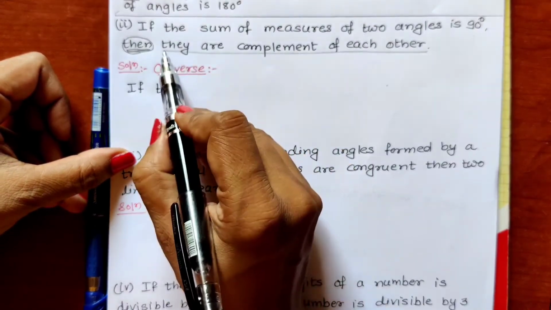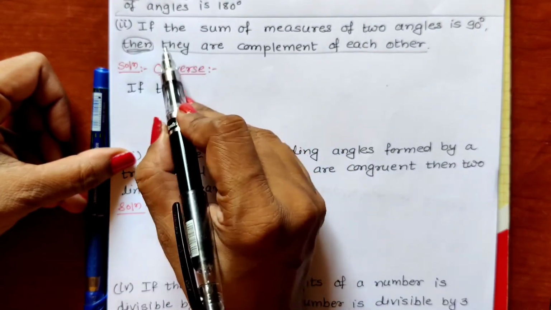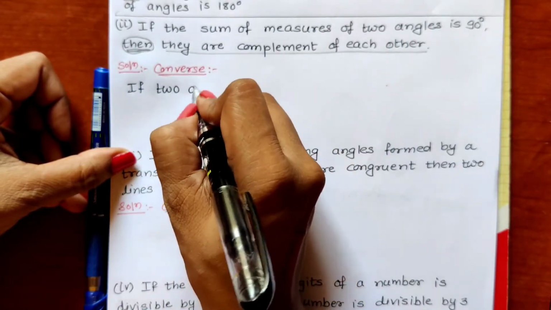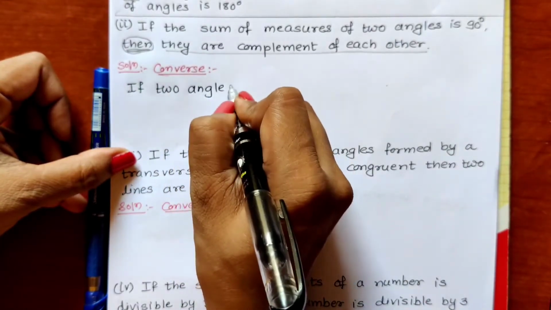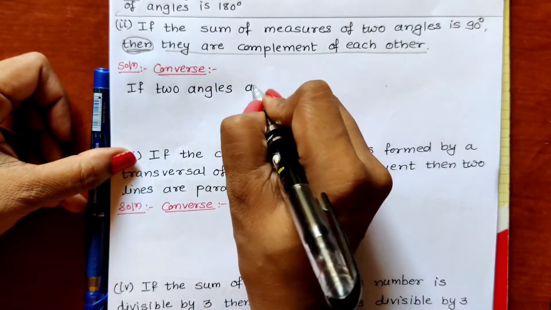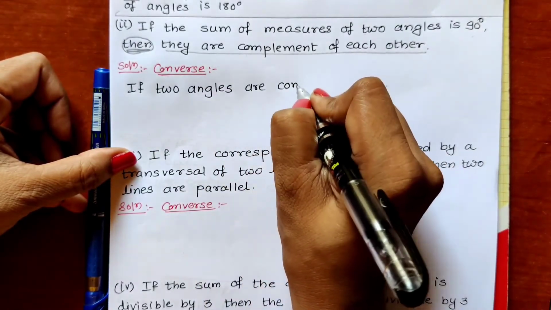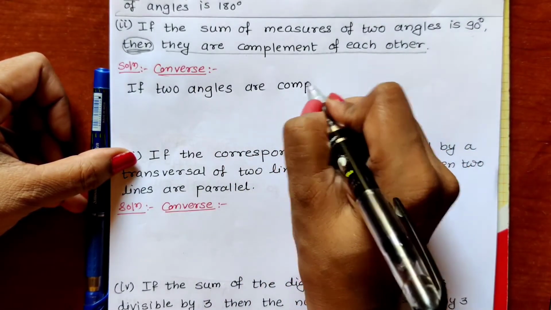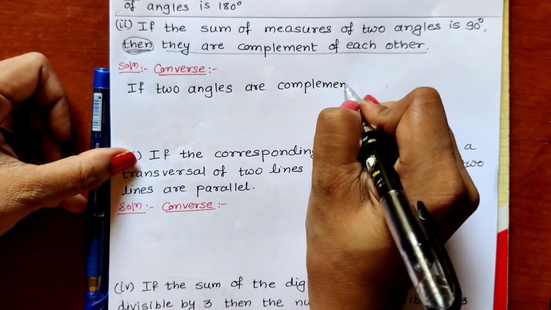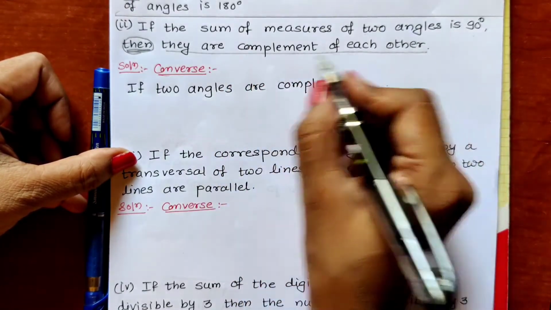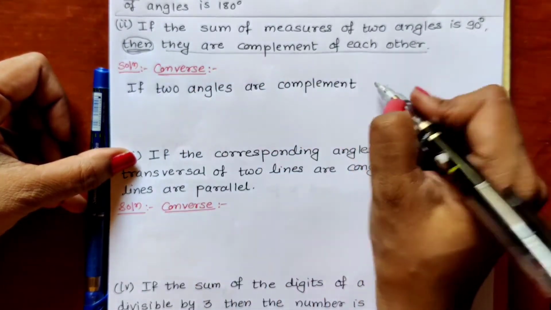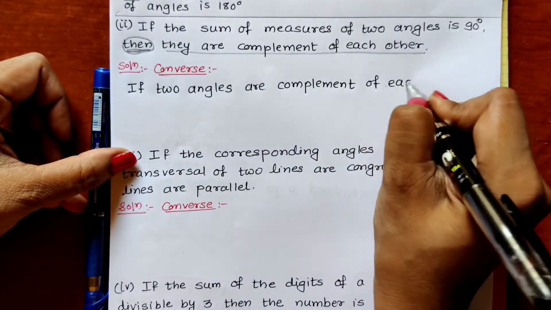We should not start from they. We should write if two angles are complementary angles, or we can write complement of each other. Okay, as it is given in the question, we will be writing if two angles are complement of each other.